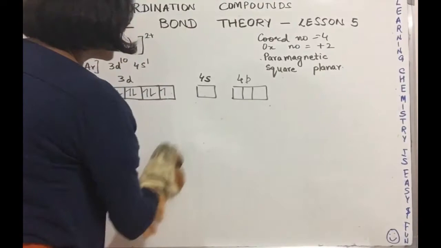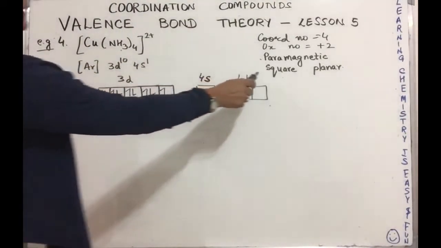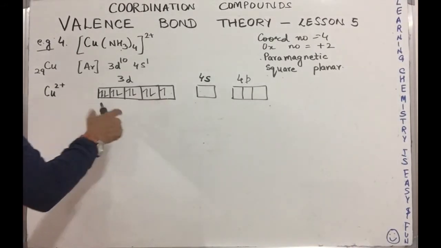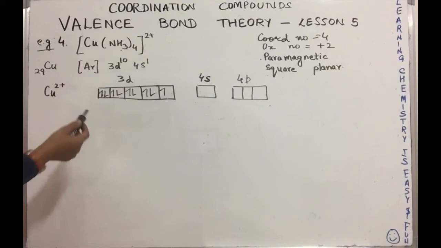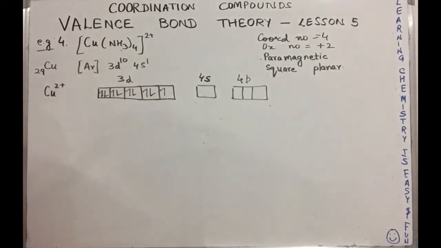Let's explore option number 2. Because we are talking about square planar, we need to involve some kind of dsp2 hybridization, right? dsp2 means I need a vacant orbital in the d sublevel.